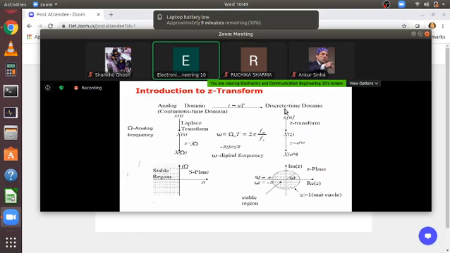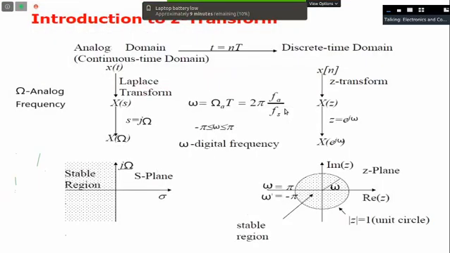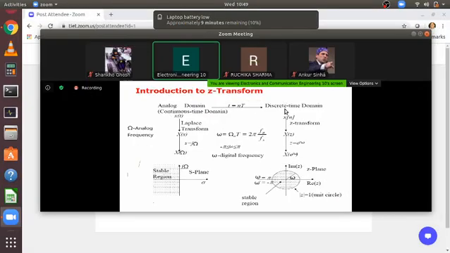There is a repetition of the analog spectrum in the discrete domain with a period of 2 pi. All right. So therefore, the fundamental period where the digital frequencies will exist is from minus pi to pi.